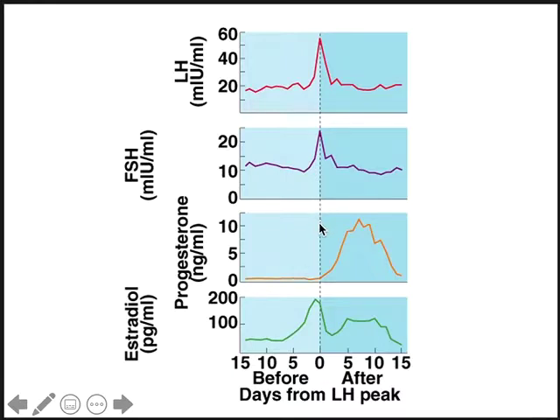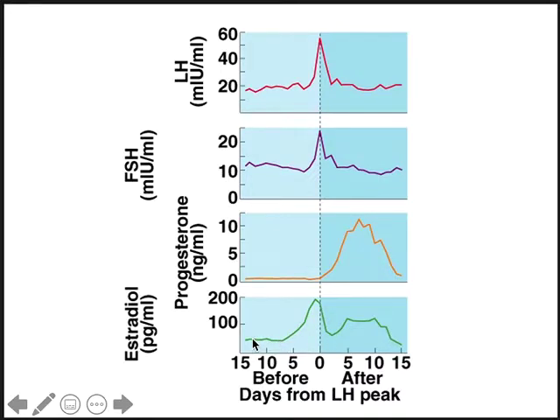Then when you ovulate, of course, now your granulosa cells, part of them are left behind and develop into the corpus luteum. Some of them remain with the secondary oocyte. In either case, you get a drop off of estrogen, right?